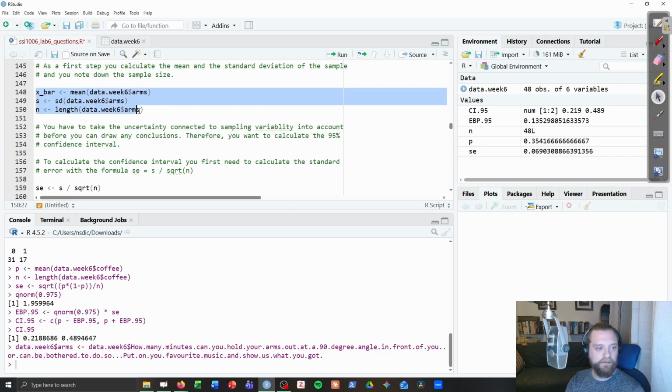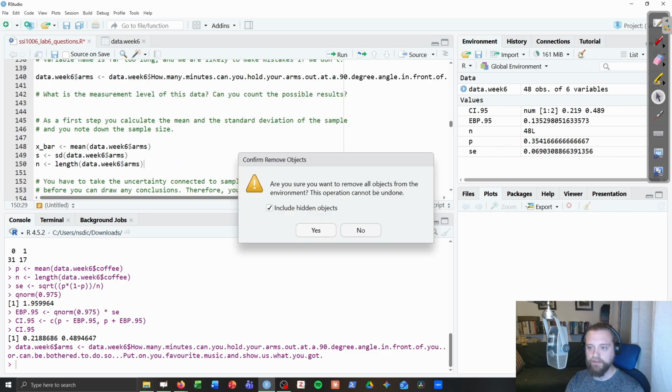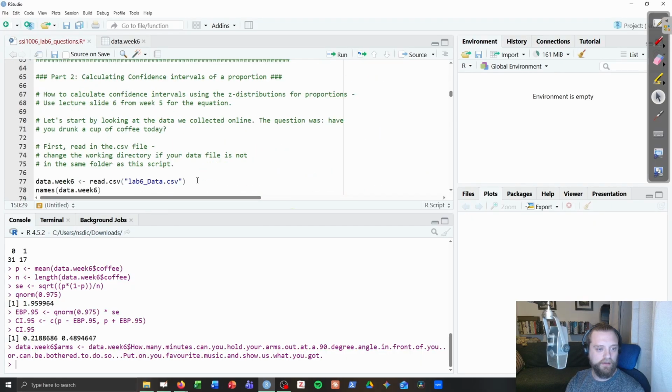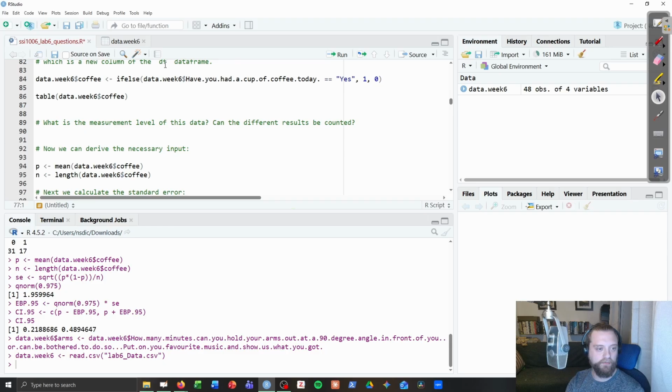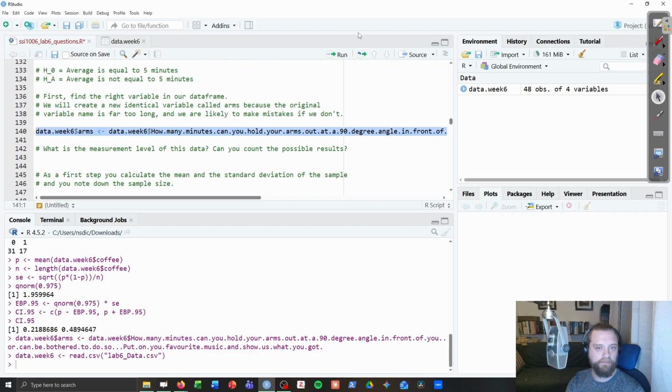And I need three things to calculate this. I need my x bar, so the mean of how long people could hold their arms up in the air. I need the standard deviation, and I need the length. Just so we can see this, I'm going to get rid of this and load my data back in. There we go, so we've got a nice, clean environment.